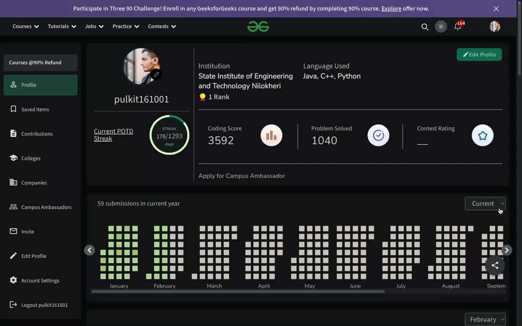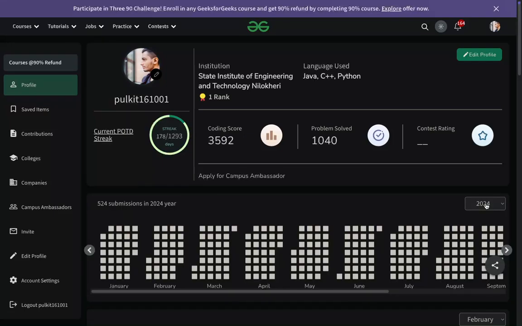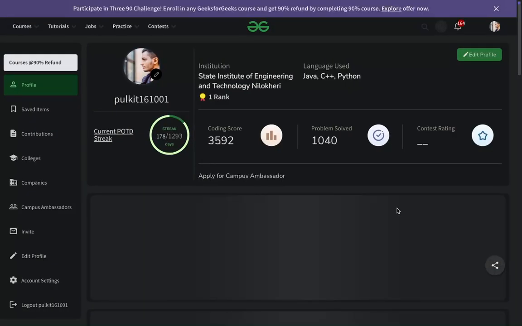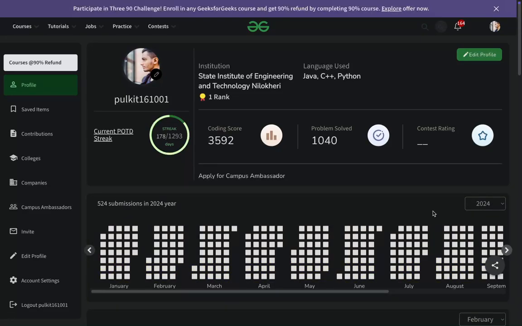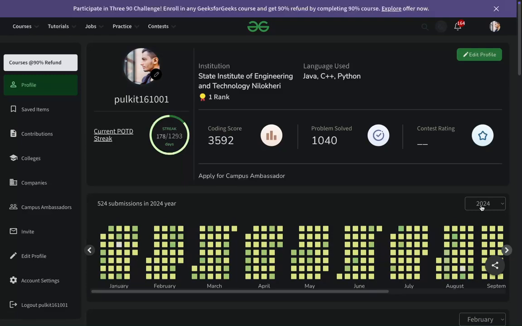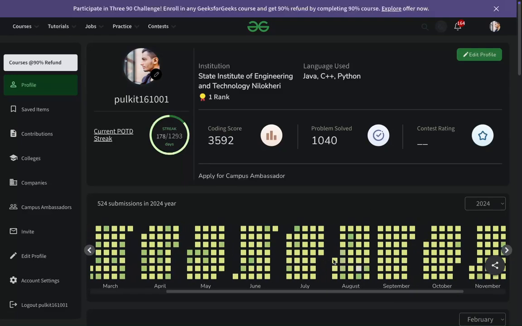As you can see, this is my current graph, and if I show you the 2024 graph, I don't know why the heat map is not showing. Let's reload it. Still not showing. Yeah, so this is my 2024 graph.